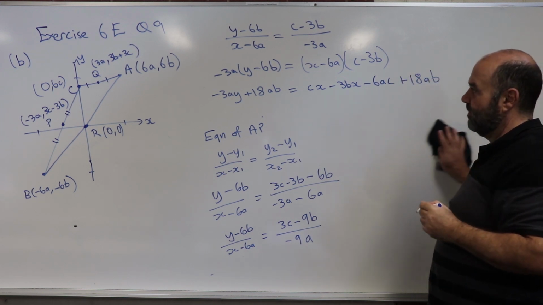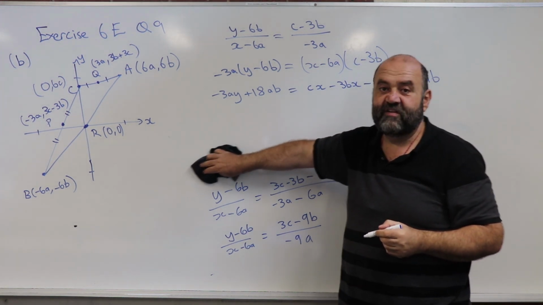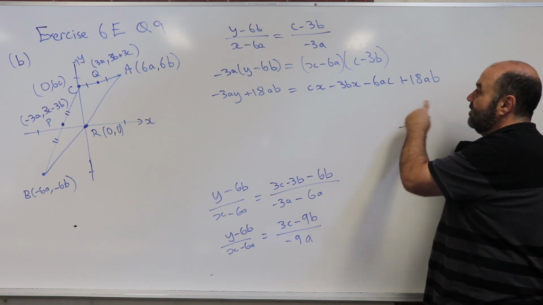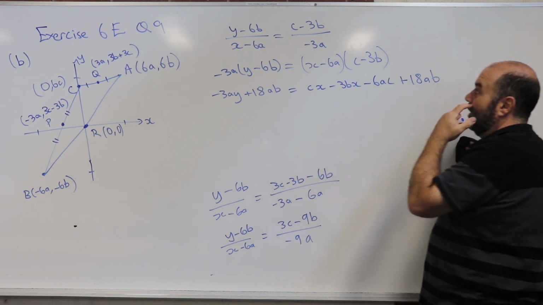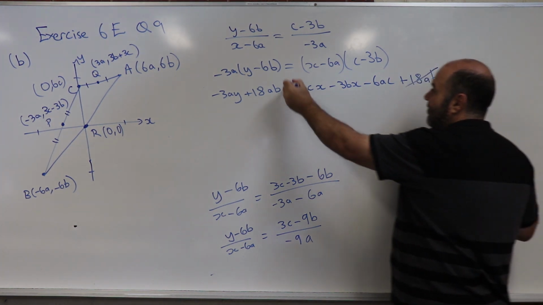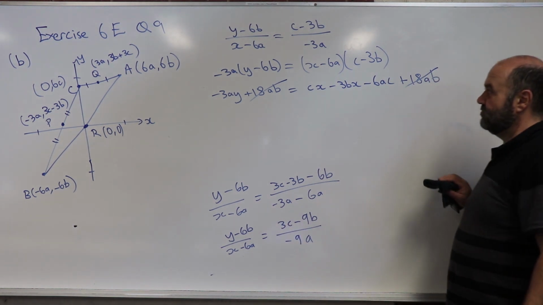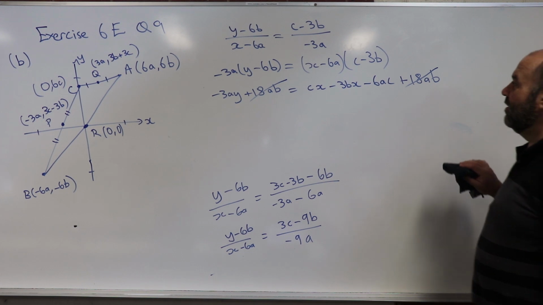18ab. Now look at that really carefully. What you'll see is that both sides of my equation have got a plus 18ab. Okay, I've got that on both sides of my equation, so I can just cancel that out of both sides. Okay.